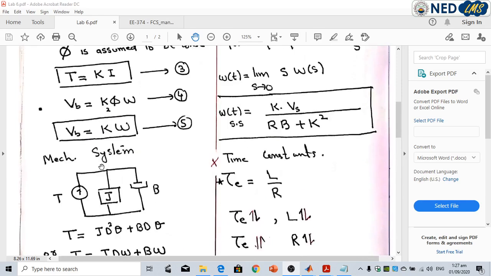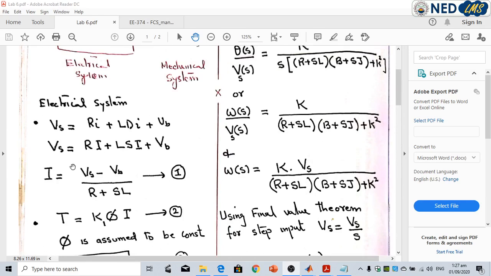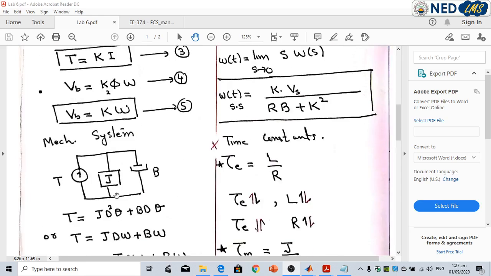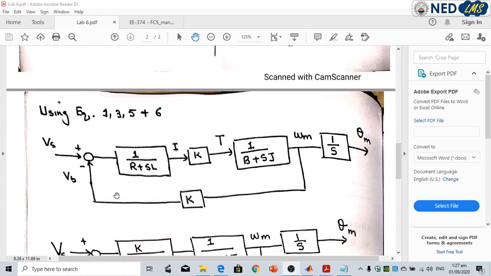In equation number 1, the armature current is equal to the difference of voltage, Vs minus Vb, divided by R plus sL. Here is the portrait of equation number 1.